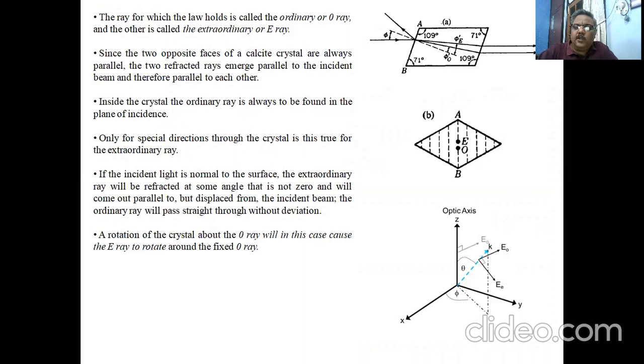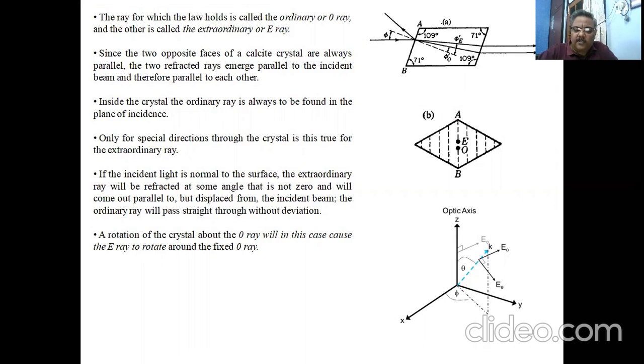Inside the crystal, the ordinary ray is always found in the plane of incidence, and only for special directions to the crystal is this true for the extraordinary ray. If the incident light is normal to the surface, the extraordinary ray will be refracted at some angle that is not zero and will come out parallel to but displaced from the incident beam. The ordinary ray will pass straight without any deviation.